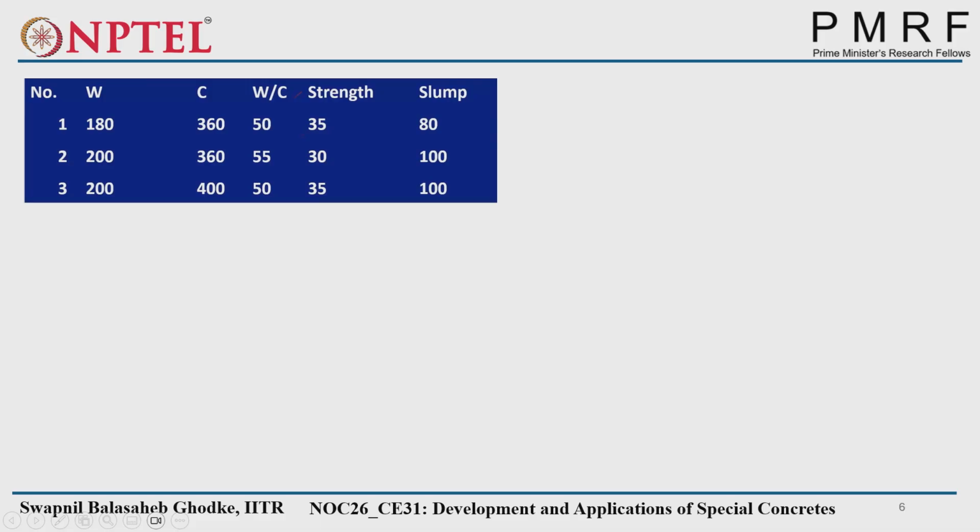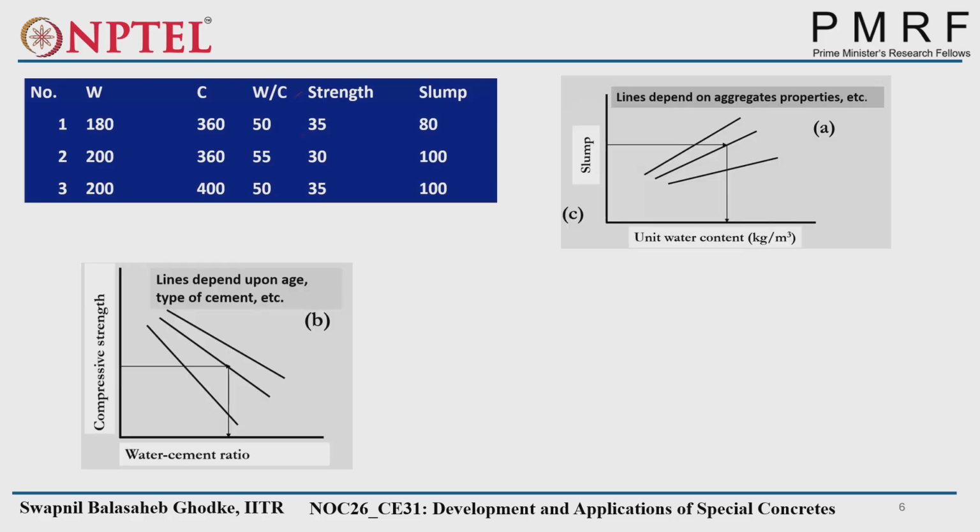Because we have not made any change in the water content of 200 with respect to the second mix, so whatever slump is there for that water content, the same value we get here. So basically the main thing about this table is how water content and water cement ratio affect the strength and slump value. Understood?